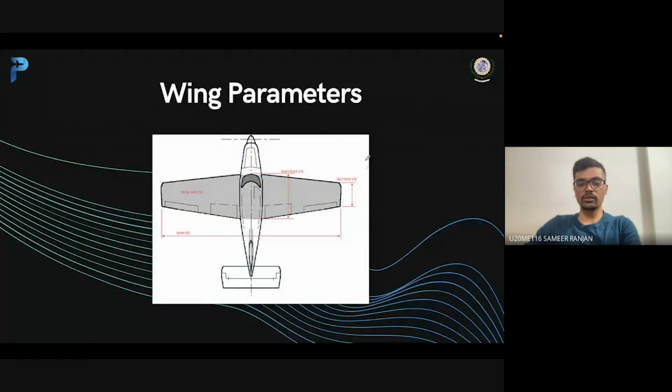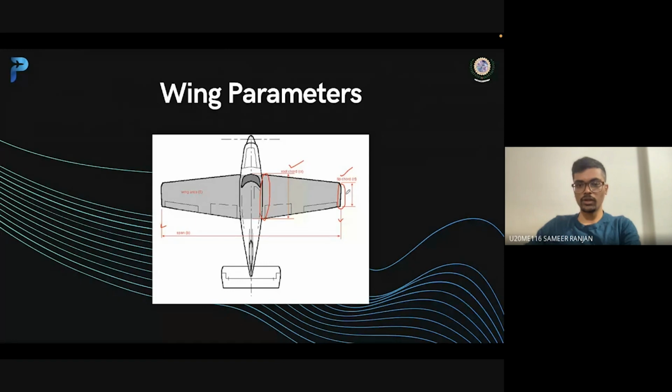So let's see a few terminologies of the aircraft wing. As you could see, the distance between the two extreme positions of the wing is called the wing span, and the length of the chord of the airfoil at the tip of the wing is called the tip chord, and the length of the chord present at this position is called the root chord.